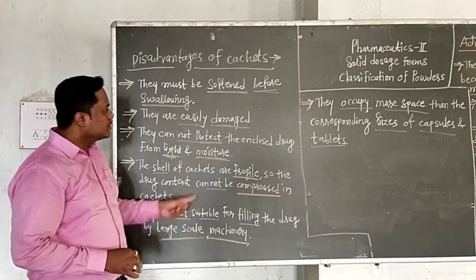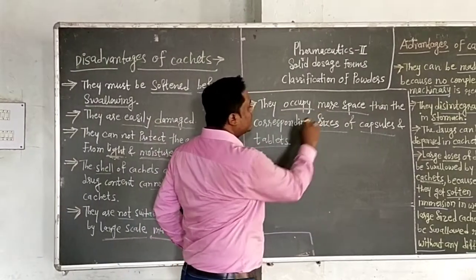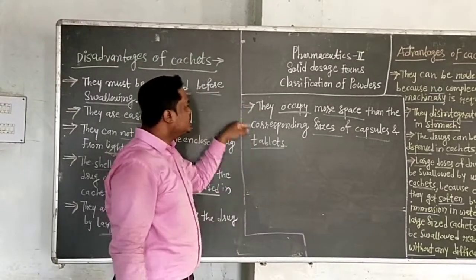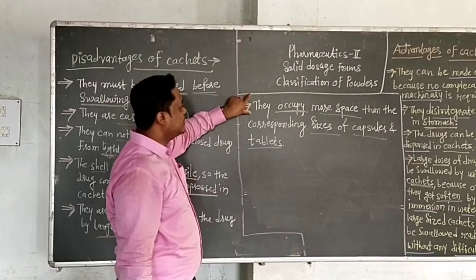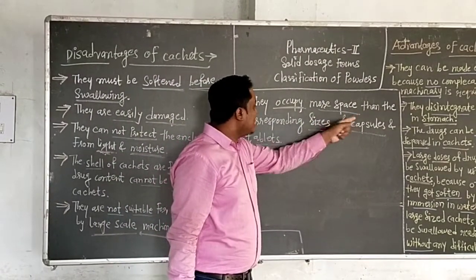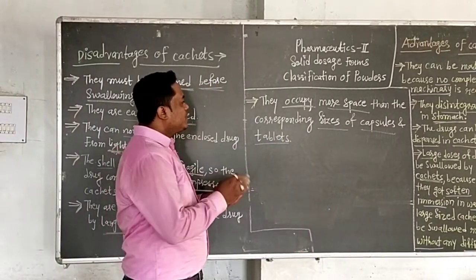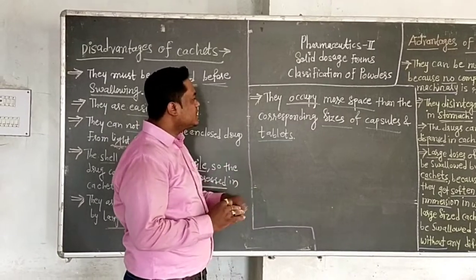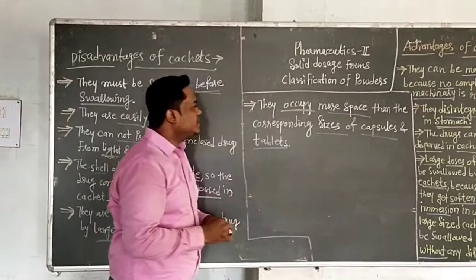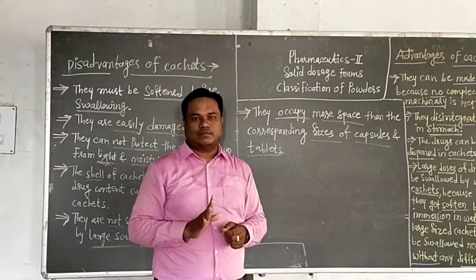Then the last is, they occupy more space than the corresponding sizes of capsules and tablets. And this is one of the major disadvantages. As compared to capsules and tablets, the size of cachets is more because the cachet's capacity to hold the drug ranges from 0.2 to 1.5 gram.